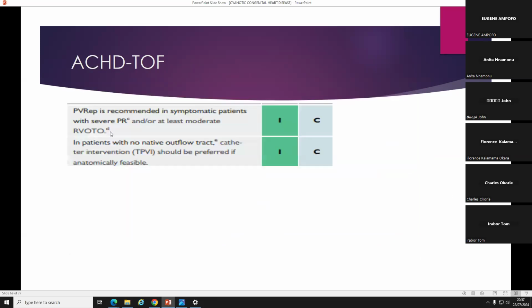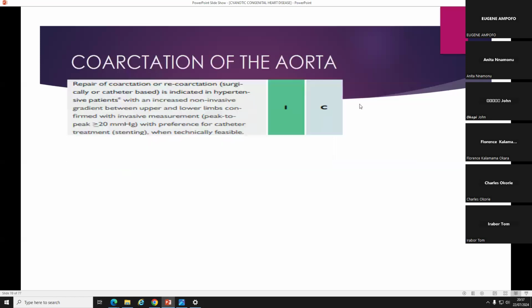Okay, and basically, if they've got severe pulmonary regurgitation, class 1C recommendation, they should go for surgery because they are at risk. It's just a snippet of the ESC guidelines for repair of coarctation or recoarctation in those with coarctation of the aorta when there's an increased non-invasive gradient between the upper and lower limbs confirmed with invasive measurements.